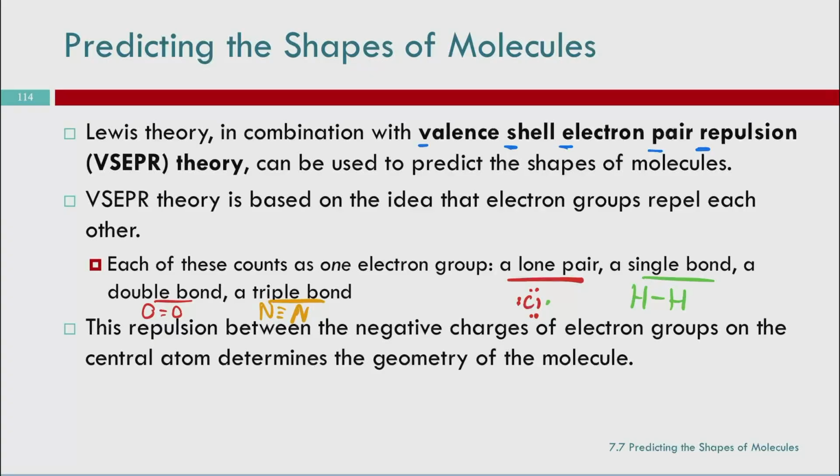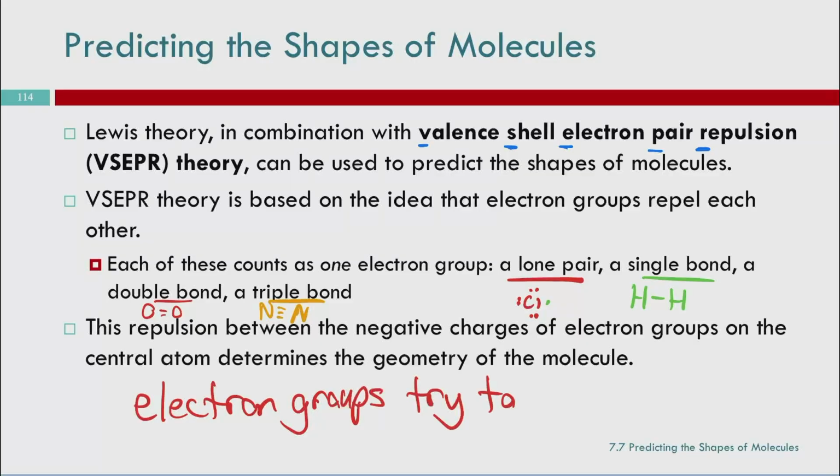And the repulsion between the negative charges of those electrons around the central atom determines what shape they are, how they're going to spread out. Those electron groups will try to get as far away from each other as they can. It's not actually even try to, they just spread out as much as possible.